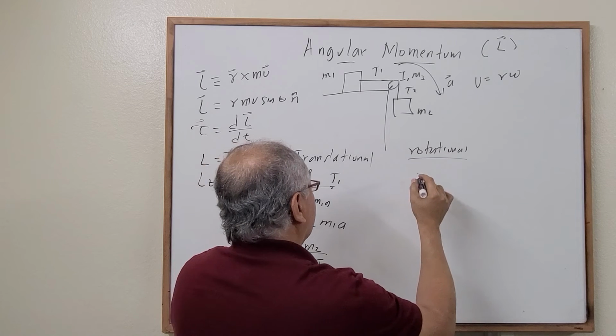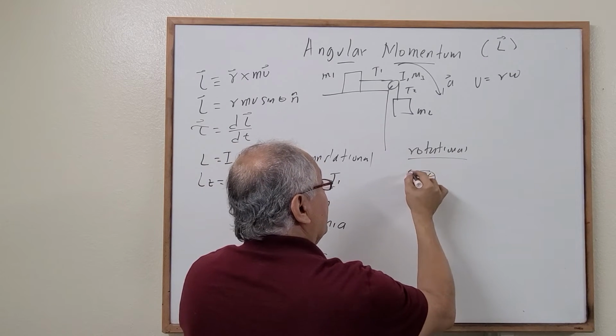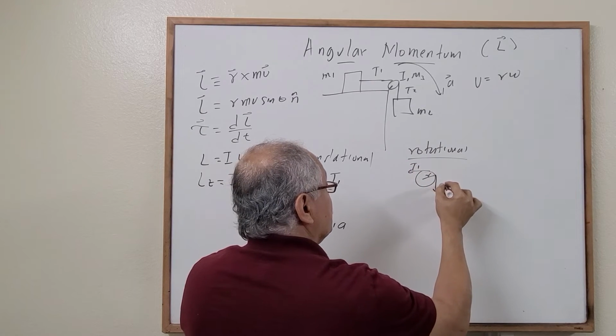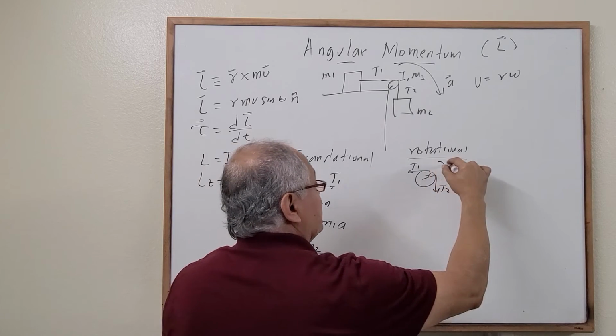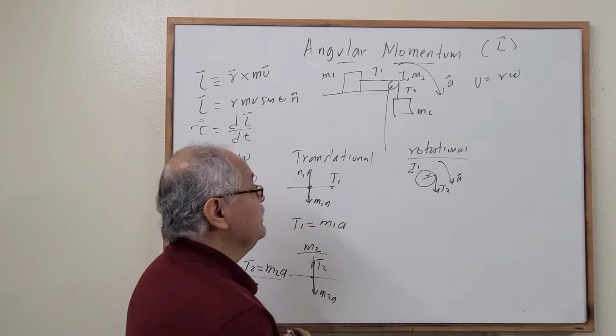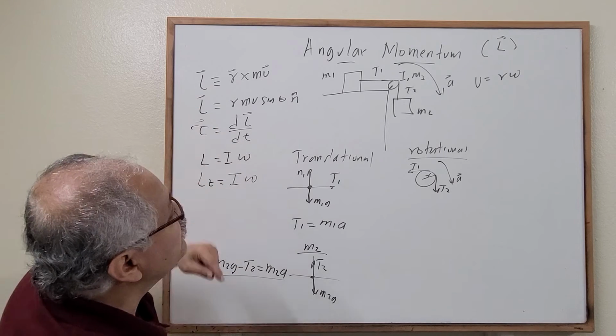In this case, we have the pulley. That's the pulley, and this is radius R. We have this tension 1, and this is tension 2. Remember, this is the direction of motion, and the acceleration. So let's use torque. What should be the net torque?